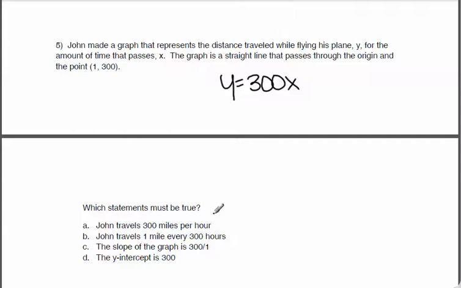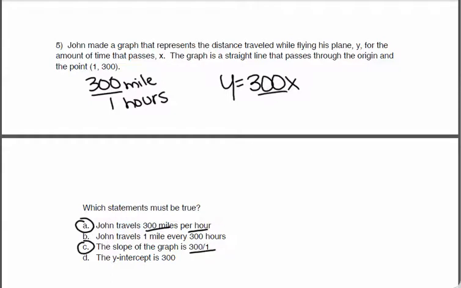All right, so they give us some statements about this. We know that my slope was 300 over 1, which was my miles per hour. Which of these statements down here explains this slope? A does. He's traveling 300 miles per hour. So we know A works. We also know that this is the slope, 300 over 1, because in my equation, that would be what it looks like.